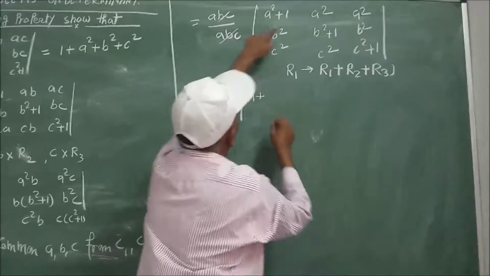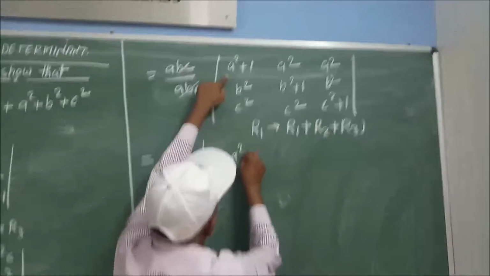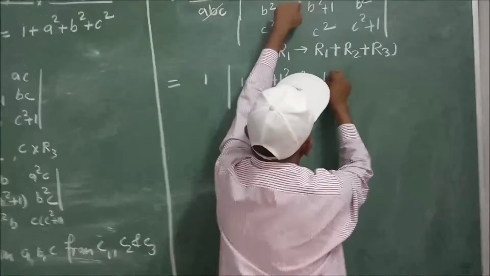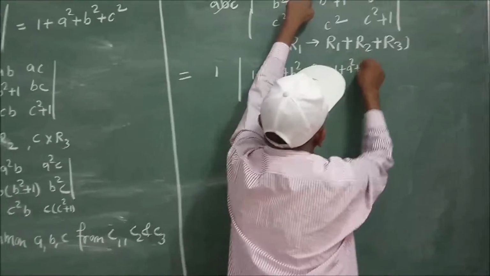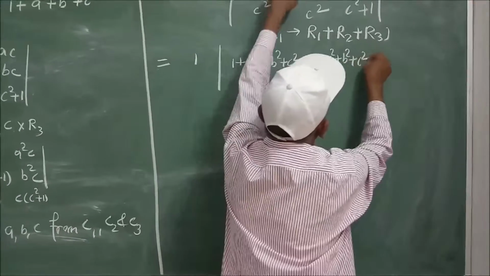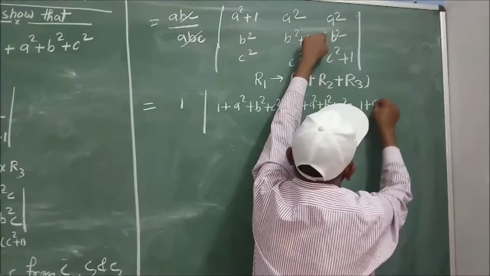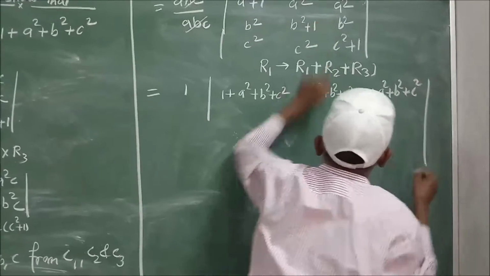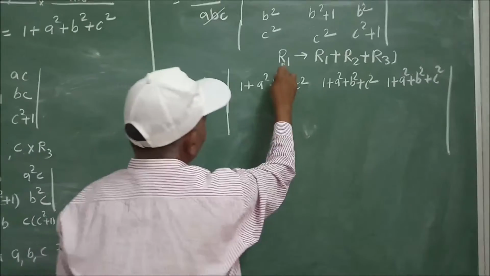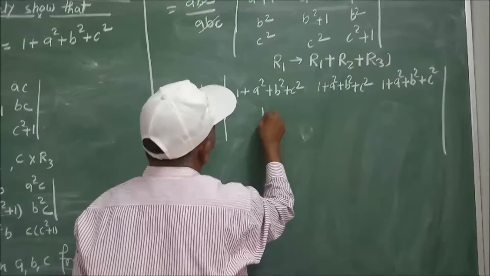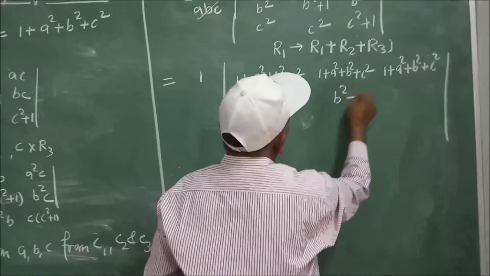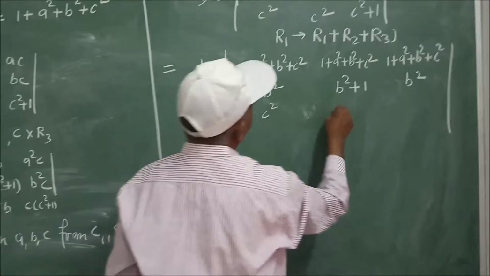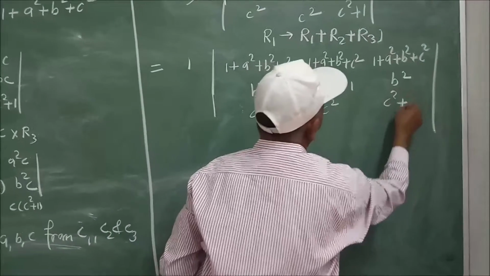You get 1 plus a square plus b square plus c square in each entry of the first row, and below it only the change will be in R1, the remaining terms will be the same: b square plus 1, b square, c square, c square, c square plus 1.